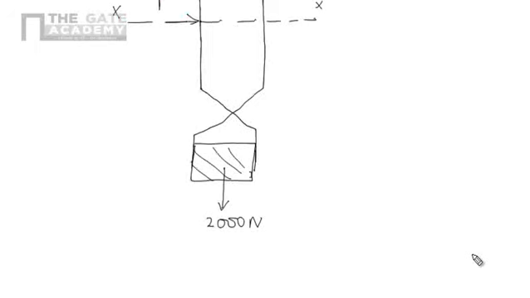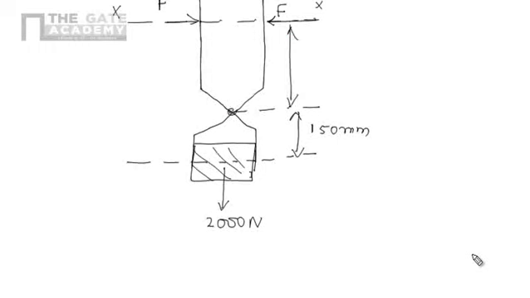We are giving the input force F. Here also we are giving the input force F. And the YY is the line of action of the gripping force. In the pin joint, we are assuming it's frictionless, meaning we are not interested in considering the frictional force. And the distances are given from this pin.